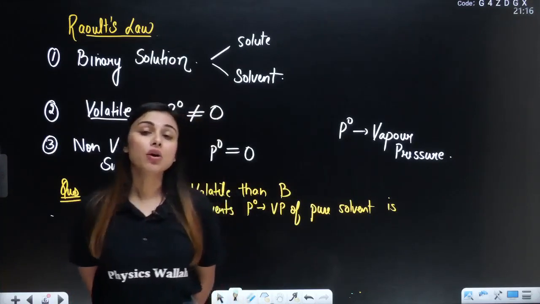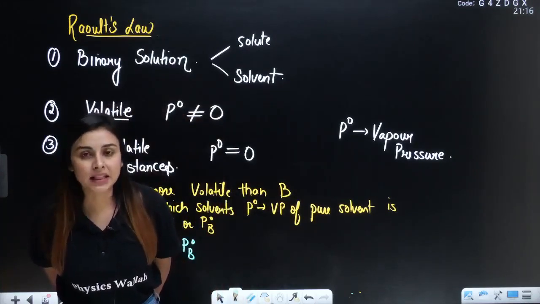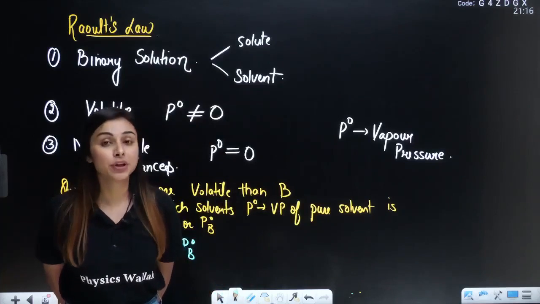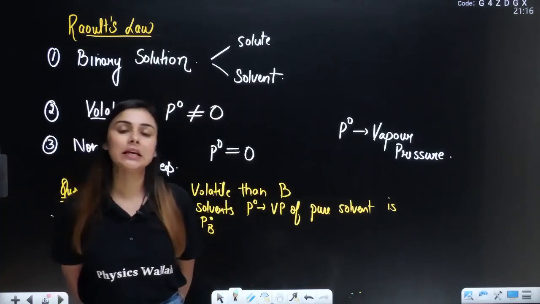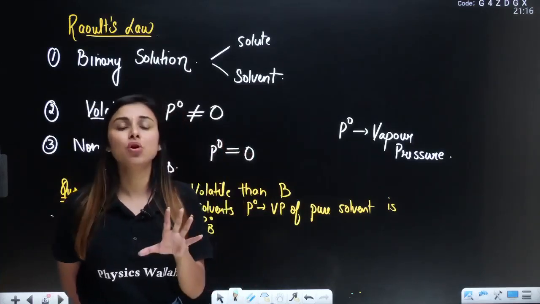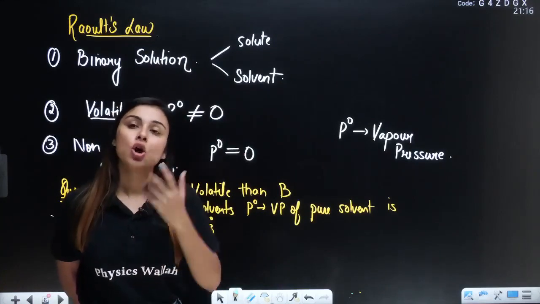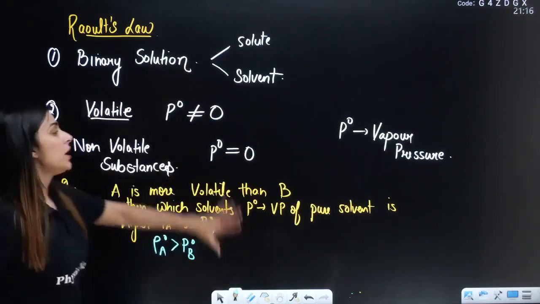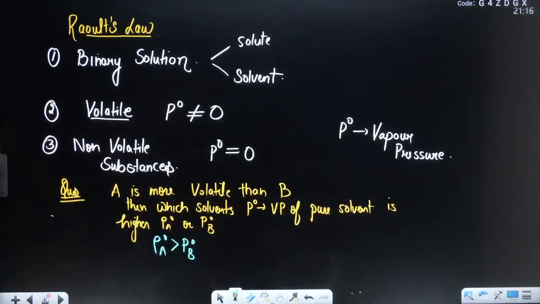So, if a component is more volatile than the other, then its vapor pressure at a particular temperature T will be more than the other. These are the few concepts which you need to understand. Only then we can move forward. So, try to go through this concept, write all this, and then we'll move forward.